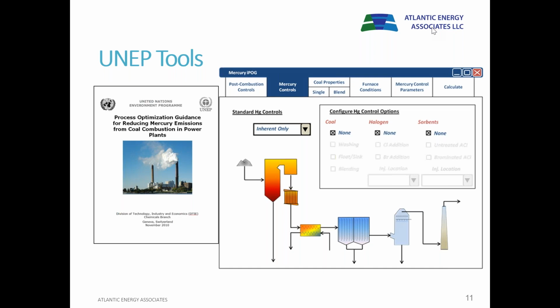Here you can see on the slide that it is very visual, has a good interface, and uses simple self-explanatory icons: of course, coal pile, furnace, SCR, heat exchanger, ESP, wet FGD, and stack, and flue gas coming out of the stack. Next slide, please.